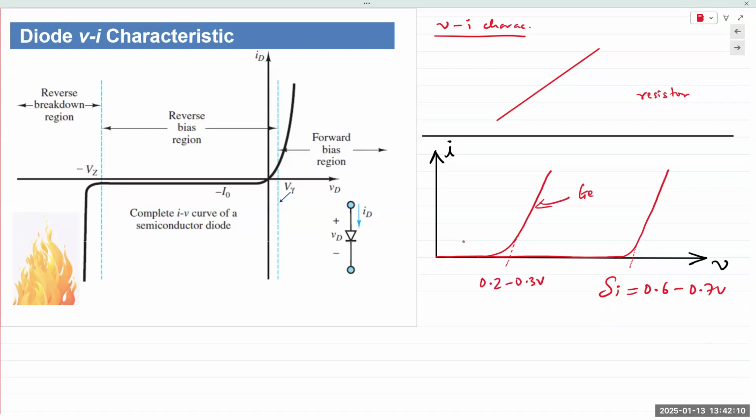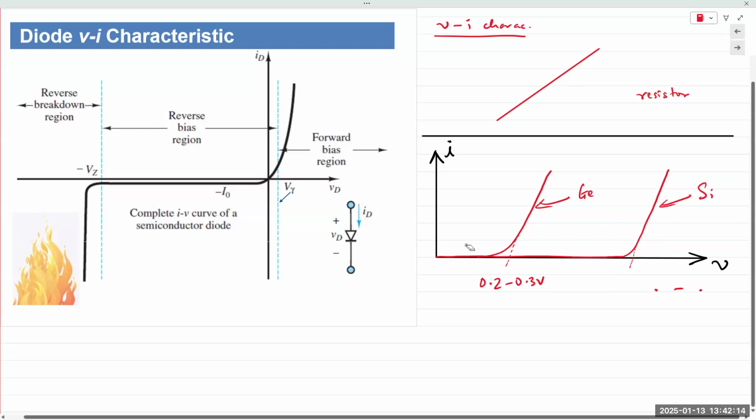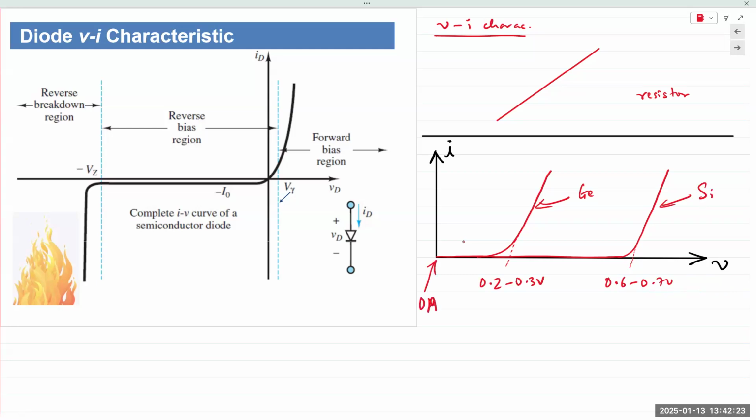So this is germanium. This is silicon. And this is 0 amps.